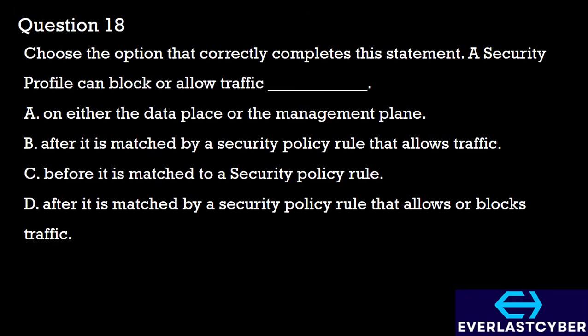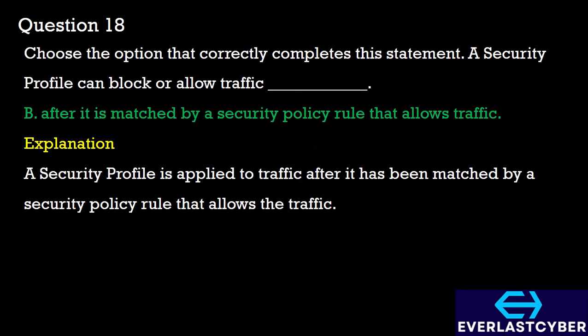A security profile is applied to traffic after it has been matched by a security policy rule that allows the traffic. Security profiles such as antivirus, anti-spyware, or URL filtering are used to inspect allowed traffic for threats and to enforce additional restrictions.